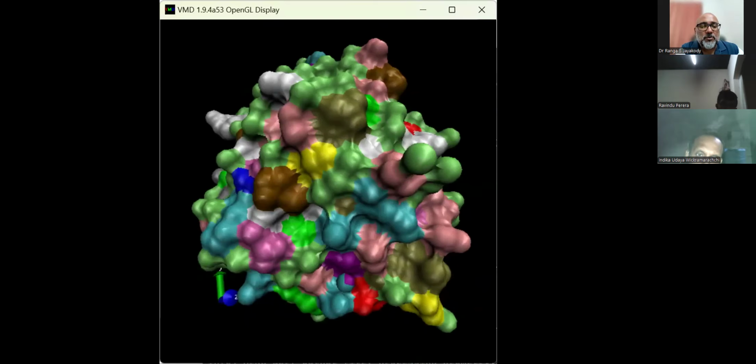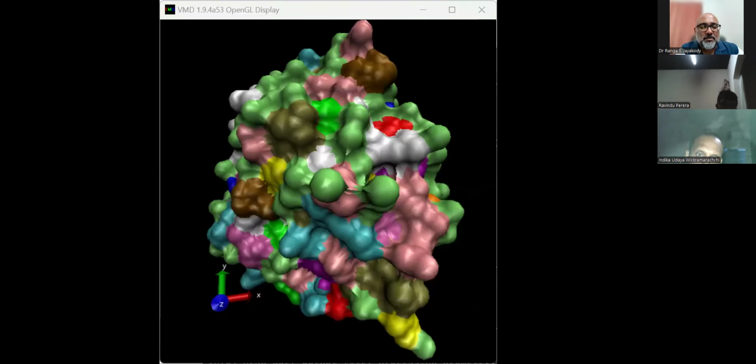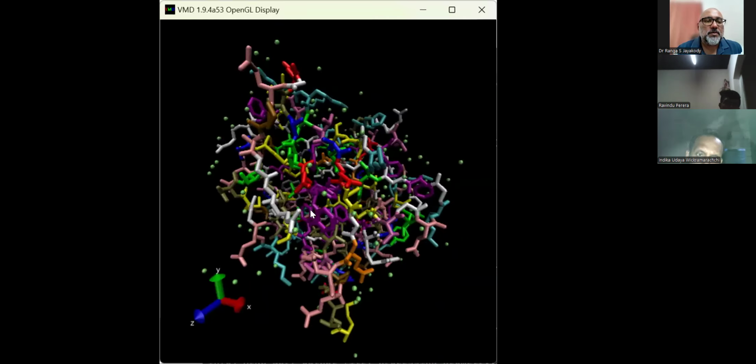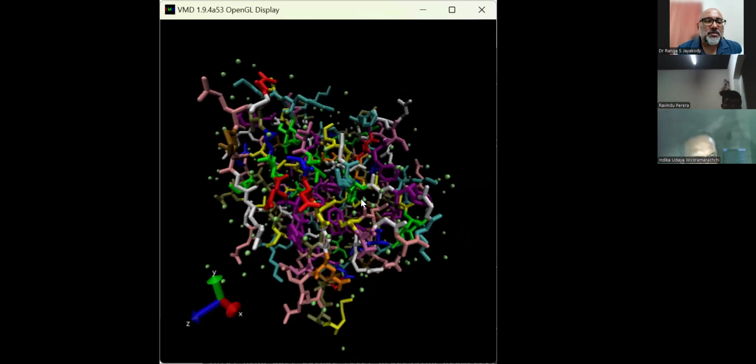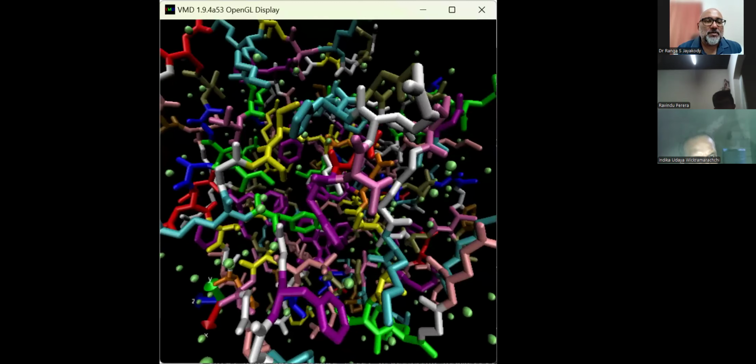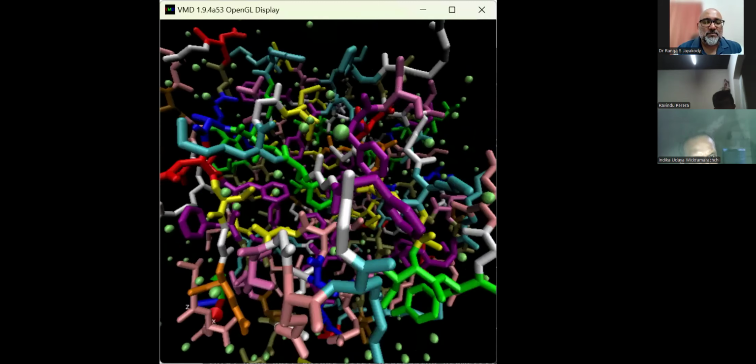If you want to look at how they are connected, we can still change the view. See, this is the actual chemical structure. So they have folded into a functional form.